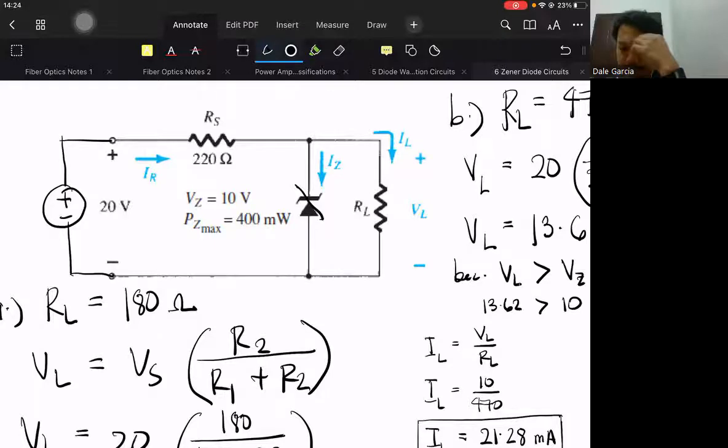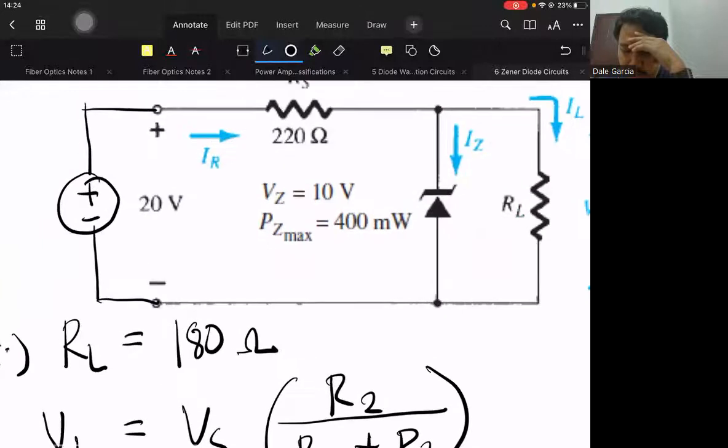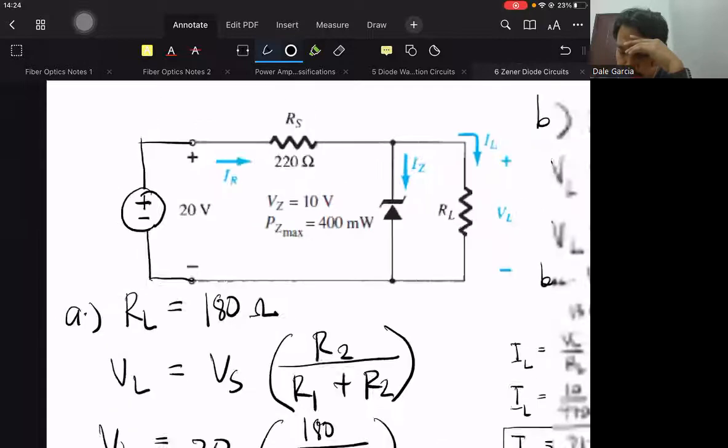Remember, our source is 20 volts. The Zener diode regulated our load to 10 volts.